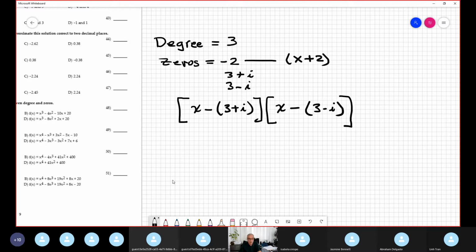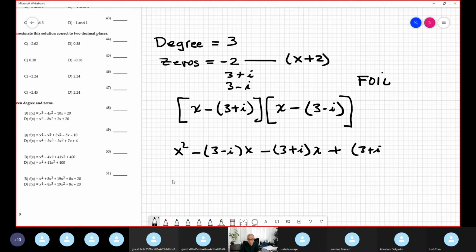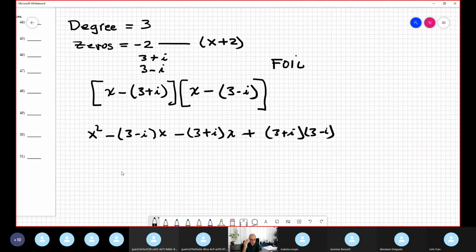So you foil now. Okay, so it's x times x, which is x squared. x times this is minus 3 minus i, x. Minus 3 plus i times x is minus again 3 plus i, x, and negative and negative together is positive, 3 plus i times 3 minus i. Now I dedicate this part, in the order I have in mind, to do this operation.